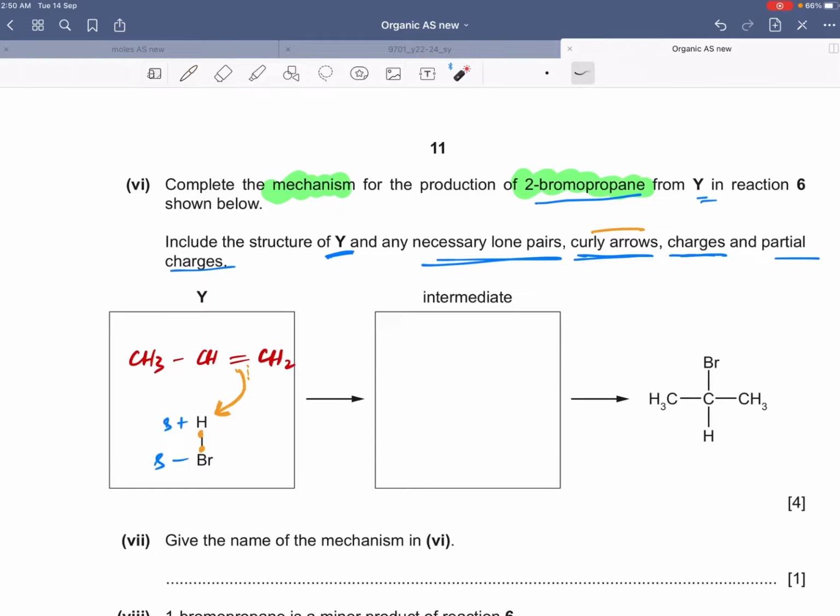This bond between hydrogen and bromine has to be broken if this hydrogen has to attach to this carbon, and this would be heterolytic fission. So both these electrons would be taken by bromine, the more electronegative part, right? So this hydrogen bromine bond would break. We get a positive hydrogen and a negative bromide, as both the electrons are taken by bromine, and this positive hydrogen will move towards any one of these two carbons, right?